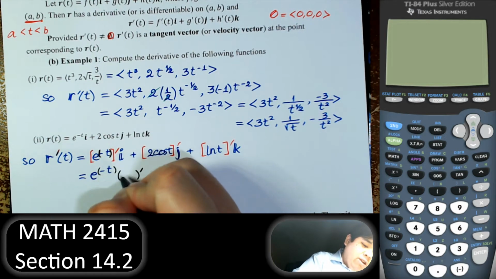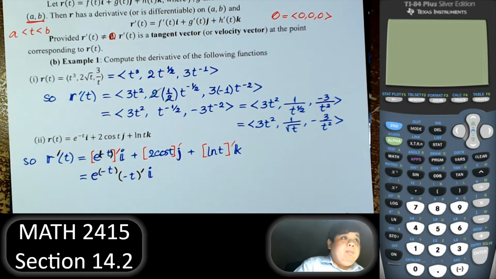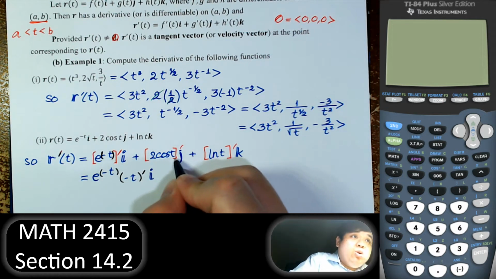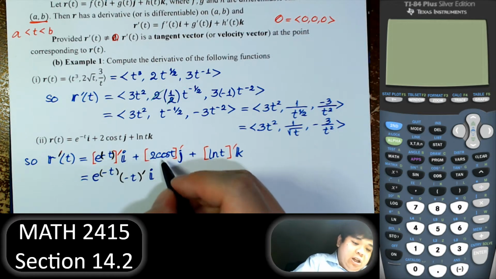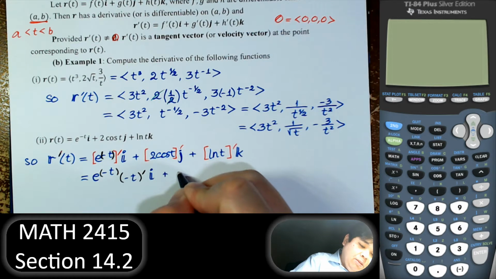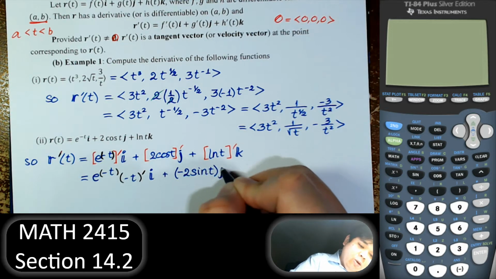We have negative t in this case, but in general, it doesn't matter what it is. It's the e to the parentheses times the parentheses' derivative. The derivative of 2 cosine t, no chain rule here, we just say negative 2 sine t. That's easy. So that is the derivative for the j component.